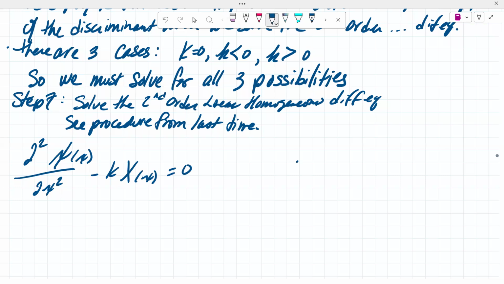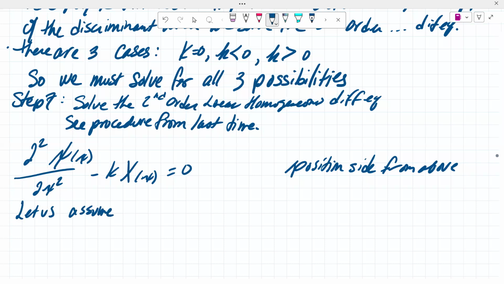This is the position equation. And k is still unknown. Let us assume k equals 0. We don't know what it is.